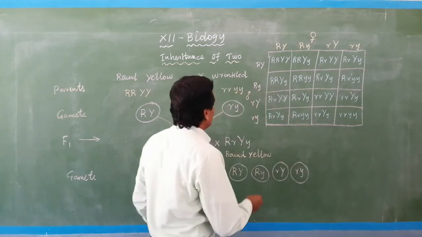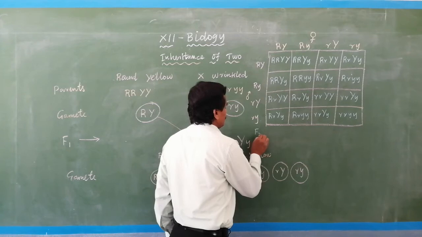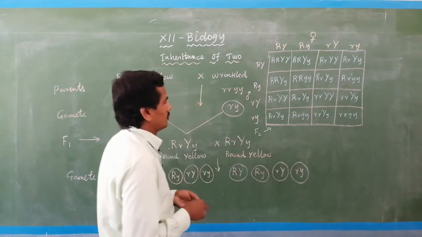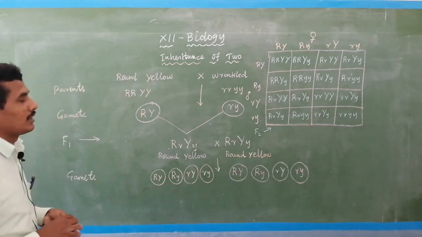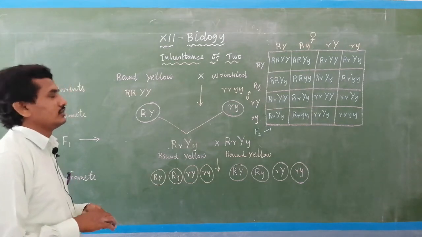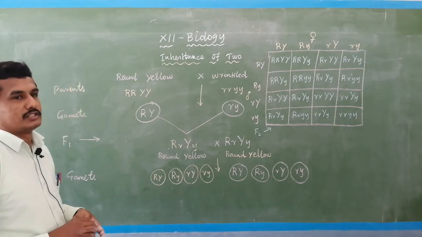Okay, so this is the F2 generation. Sixteen plants are produced in the F2 generation with various combinations.